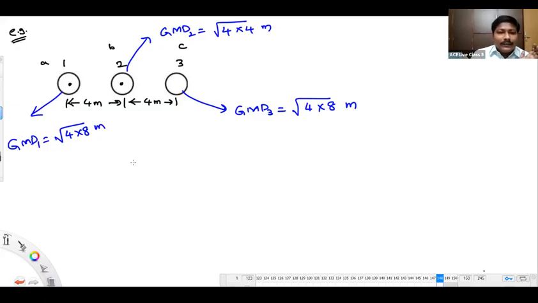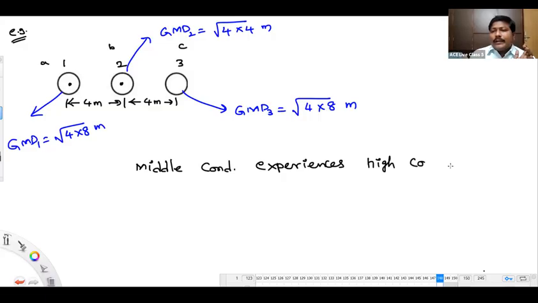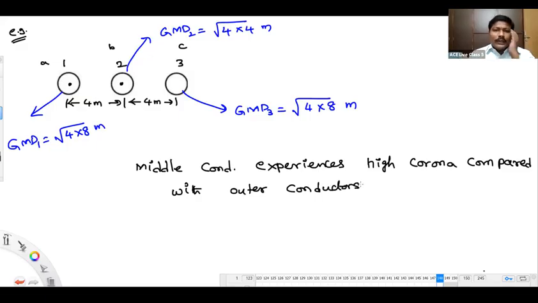So the middle conductor experiences the highest corona compared with the outer conductors.